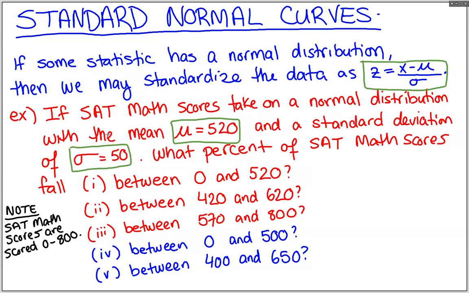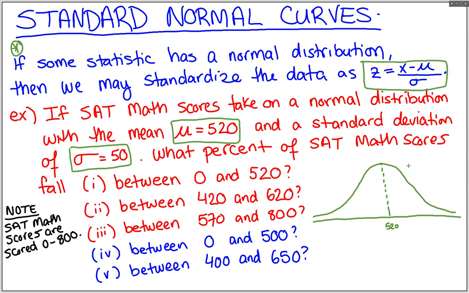What percent of SAT math scores fall? I broke these up into colors because the red ones we can use the 68, 95, 99.7 rule on, and the blue ones we're necessarily going to have to use this idea right up here. So I want to know what percent of SAT math scores fall between 0 and 520. Well, let's look at our normal curve. So again, this is the mean, and the mean is 520.